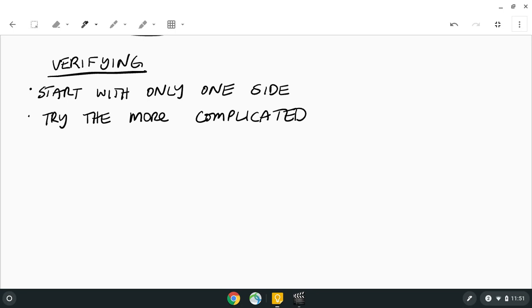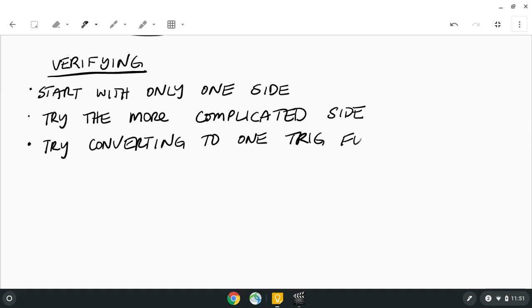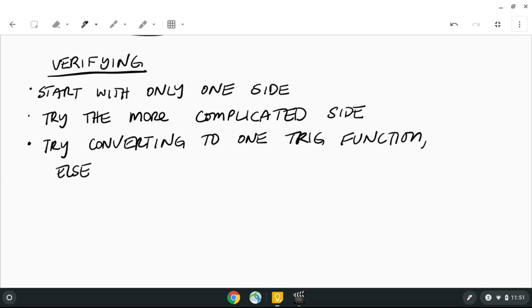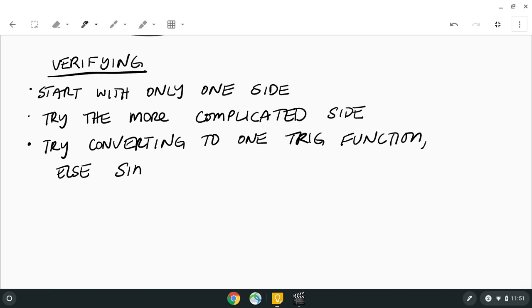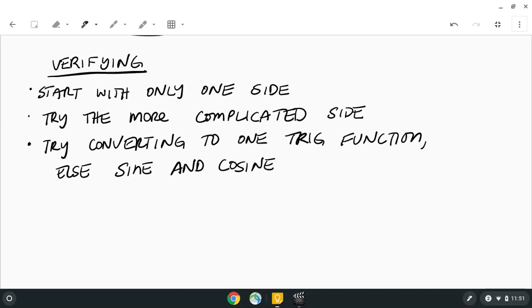So try the more complicated side, and try converting to one trig function, or else sine and cosine.